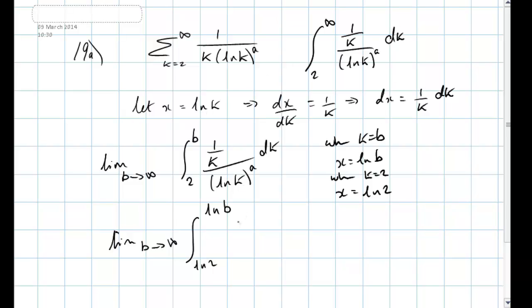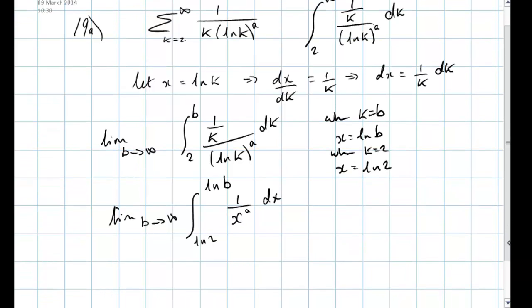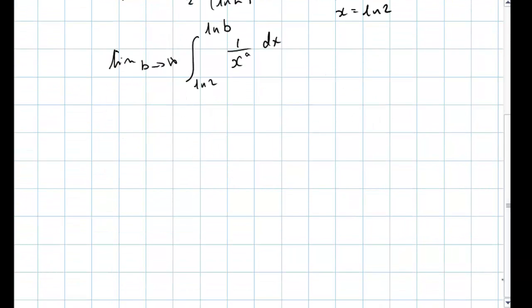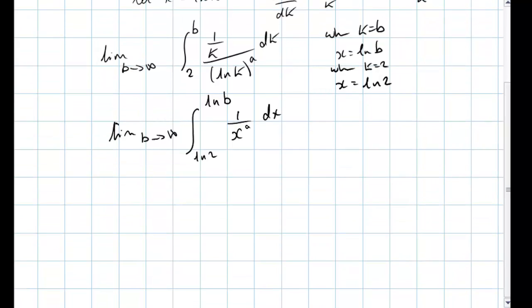So hopefully you can see I end up with 1 over x to the a dx. At this moment in time, I'm going to note it doesn't really matter that this says ln b up here, because as b goes towards infinity, the ln of b is also going to go towards infinity, so it isn't going to affect our use of the integral test.